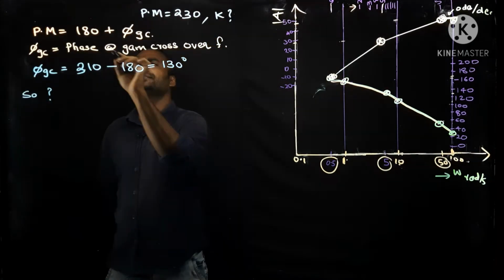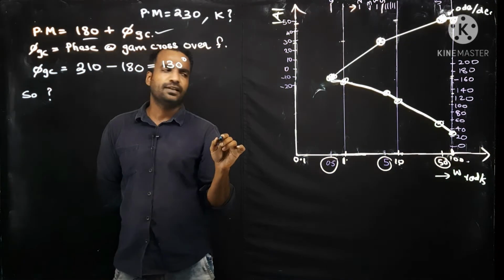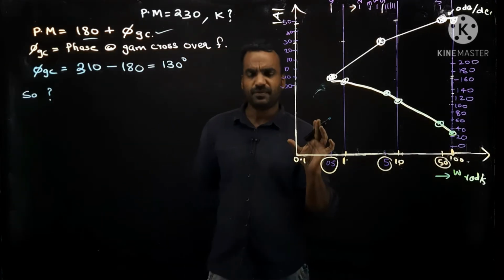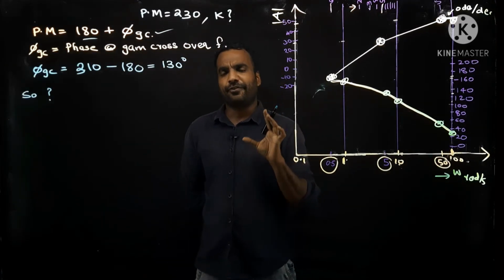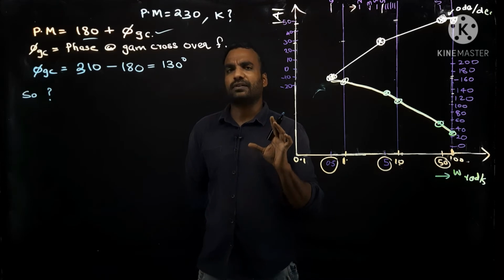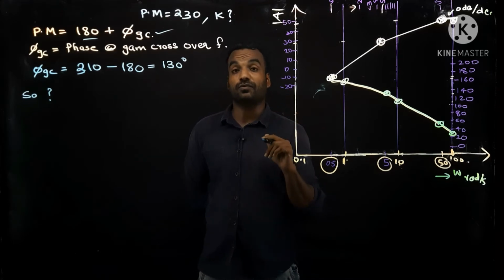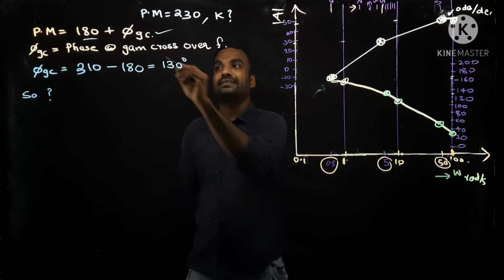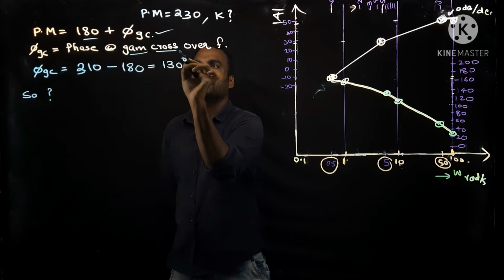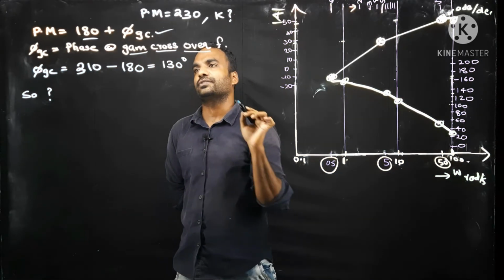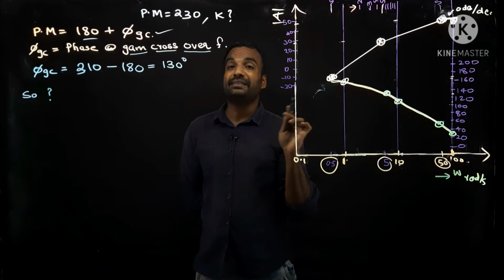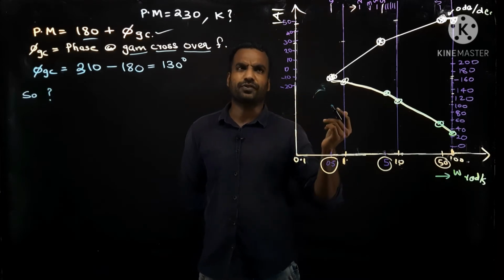So phase margin is equal to 180 plus phi gc. What is phi gc? phi gc is the phase at gain crossover frequency. Gc means gain crossover frequency. phi gc means phase at gain crossover frequency.